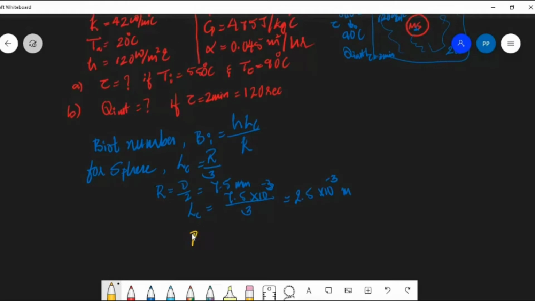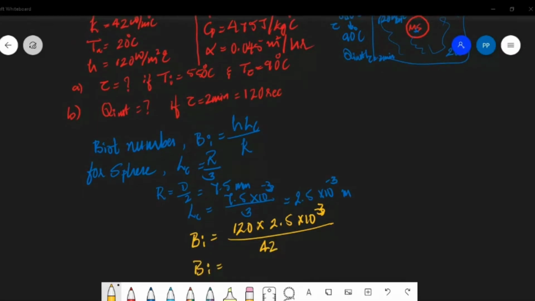The Biot number Bi will be equal to h, which is 120, into characteristic length Lc, which is 2.5 into 10 to the power of minus 3, divided by K, which is 42. That is 7.1428 into 10 to the power of minus 3.